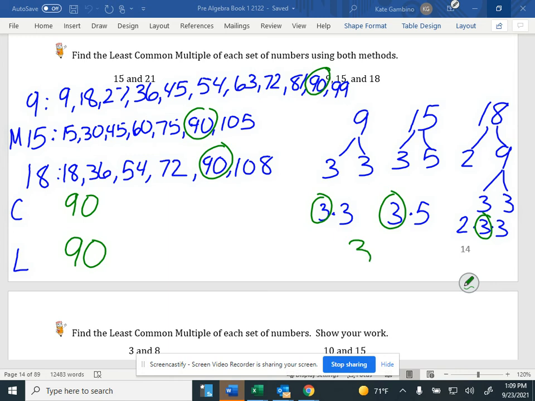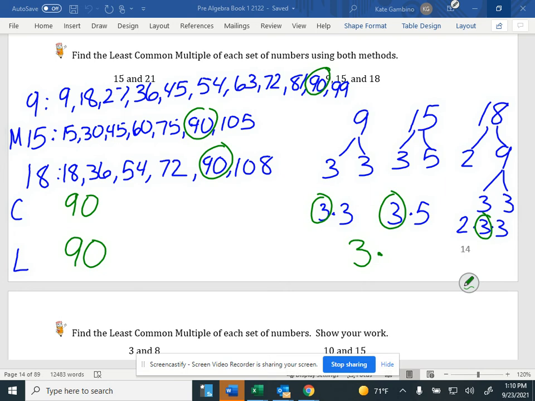So I'm going to write it one time. Am I going to write another 3? I see a 3 and I see a 3. Do all 3 of the numbers have another 3 in them? No. You can only match them up if all 3 share that prime. I only have one 3. I got 3 times 5 times 2.